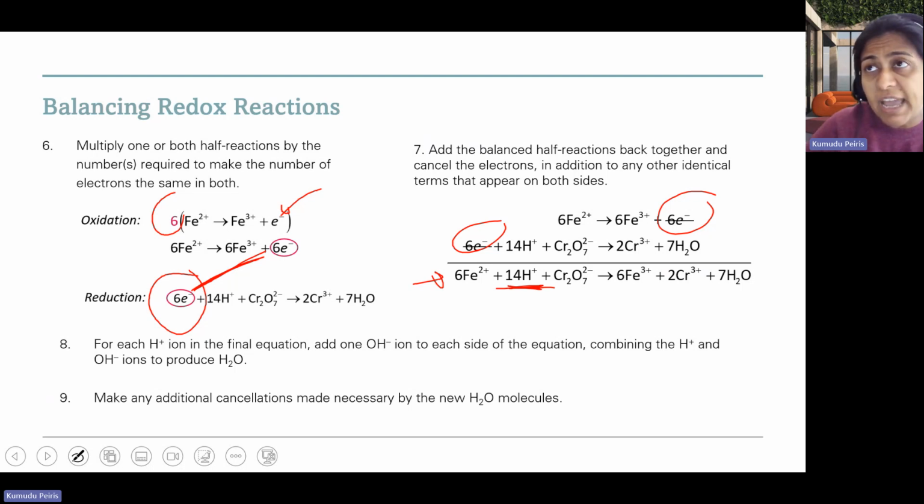But if this reaction was done under basic conditions, then we should add hydroxide ions to each side of the equation. And then we have to add additional water molecules to balance the hydrogens and oxygens.